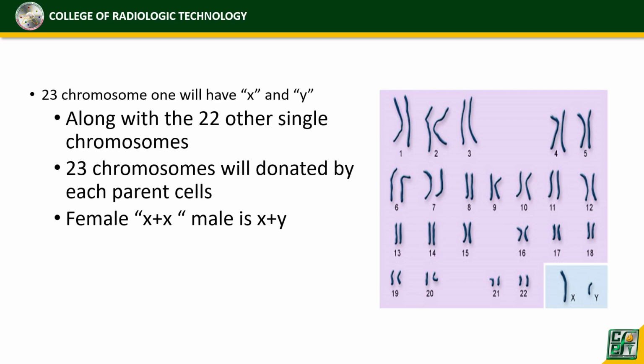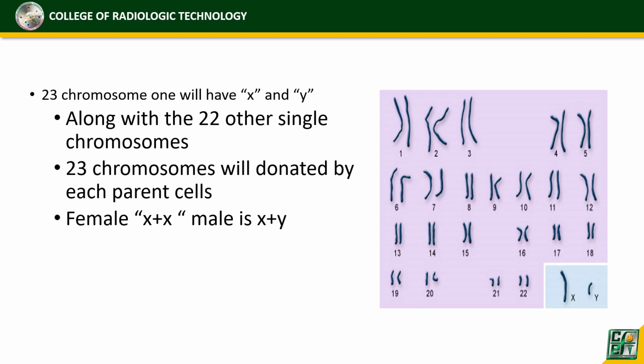So the 23 chromosomes, one will have X and Y, along with the 22 other single chromosomes. So 23 chromosomes will be donated by each parent cell.